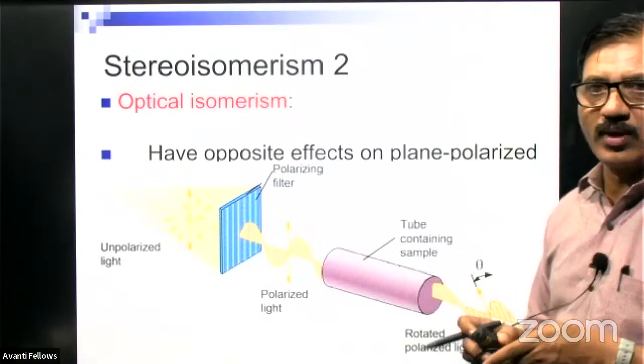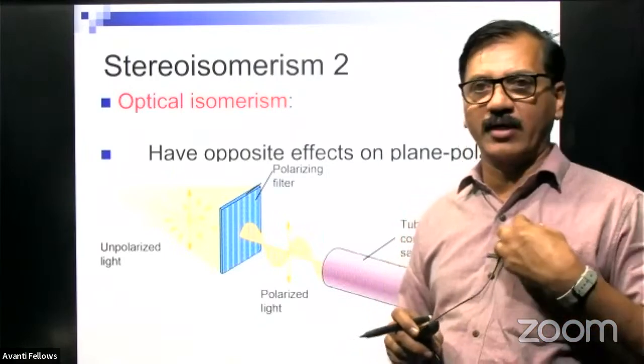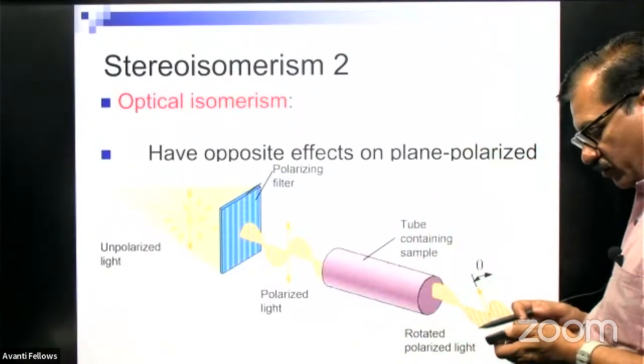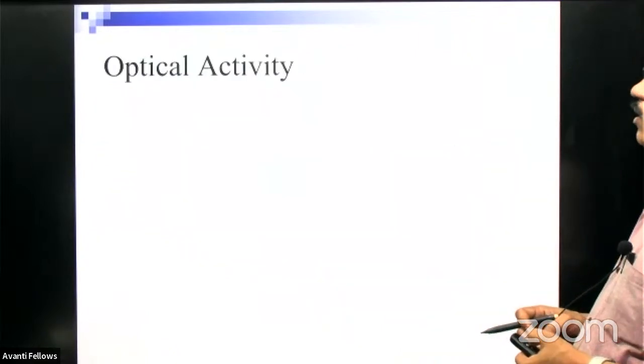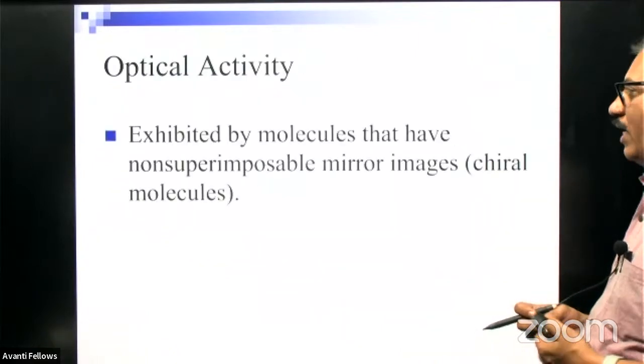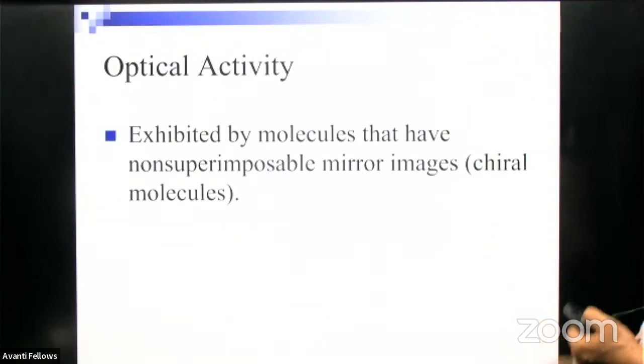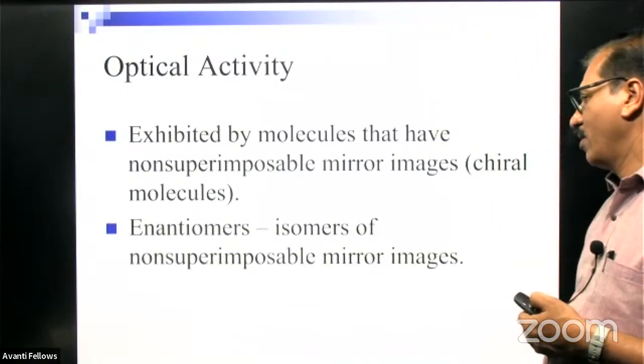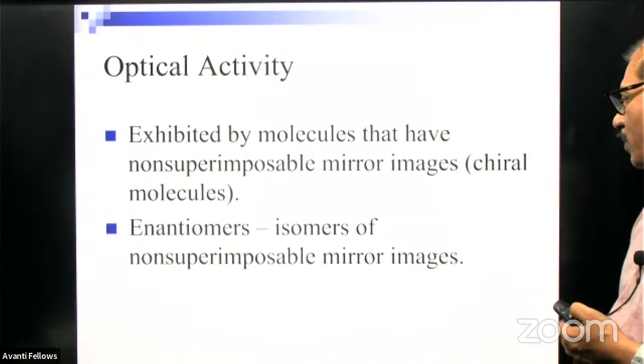If the angle is towards the right side, it is dextrorotatory, or else it is levorotatory, right? It is exhibited by molecules that have non-superimposable mirror images, the enantiomers.